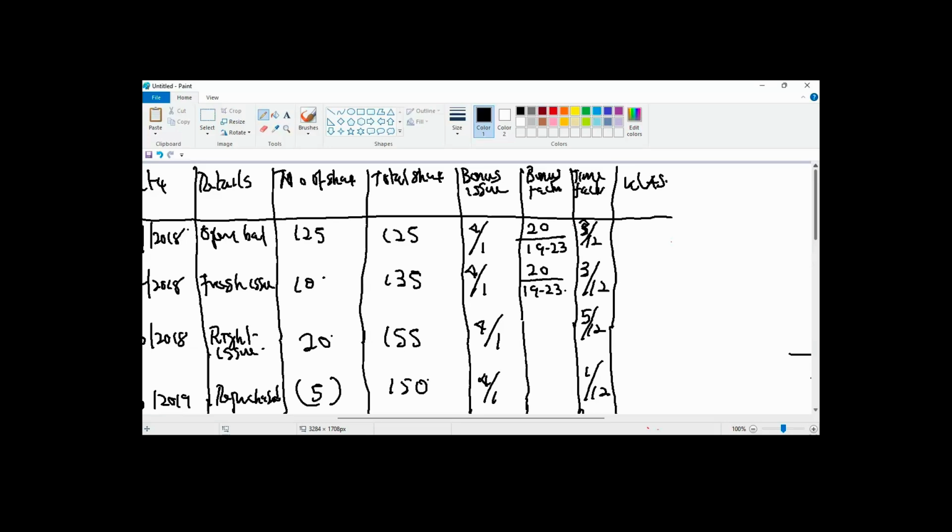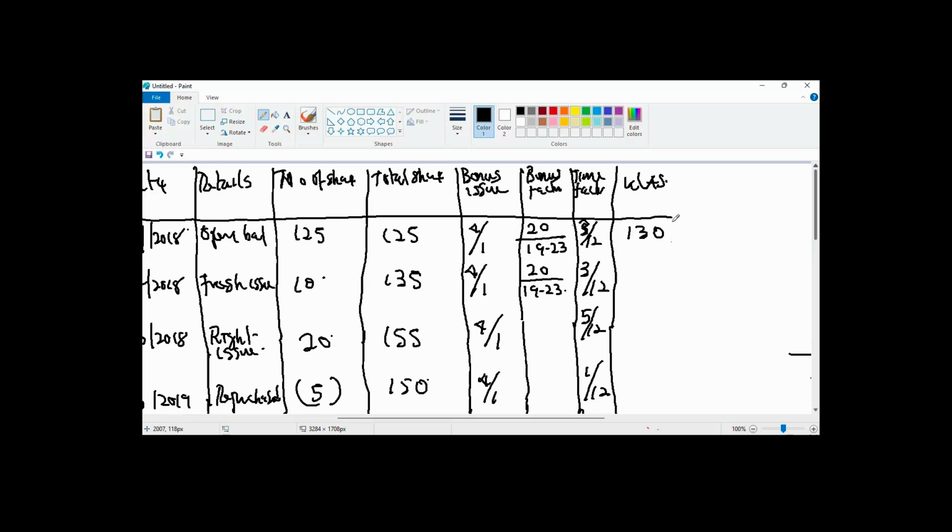Confirm the figure. 130 is confirmed. The second one is 140.